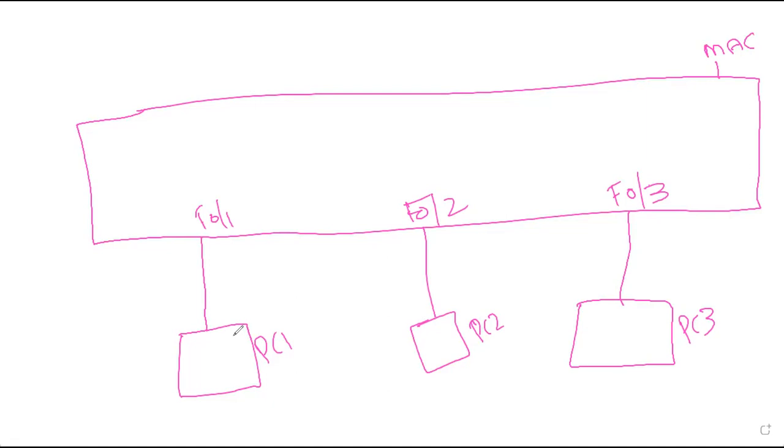But we are sending data between any device by using IP address. So what is the functionality while communicating the data, like from PC1 to PC2?